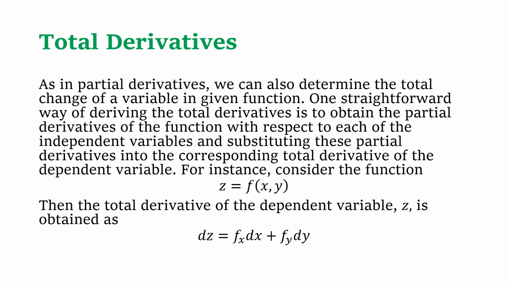So if you have a function with more than one independent variable, you first of all find the partial derivatives with respect to each of those variables, and then substitute them into the total derivative. So that's how you get the total differential.